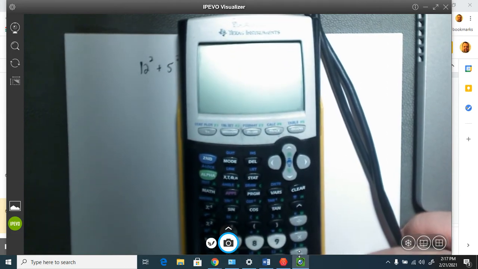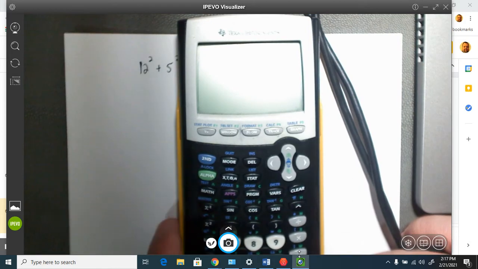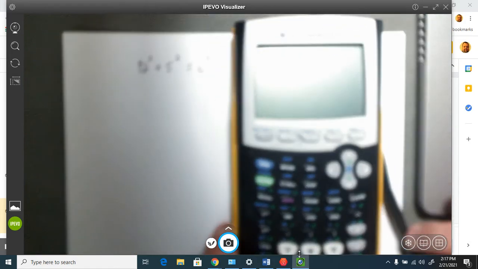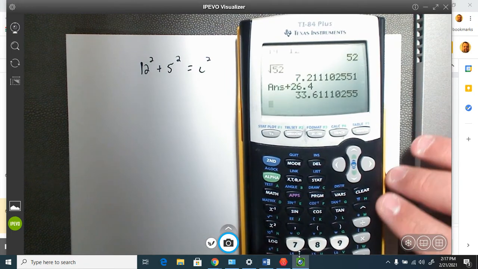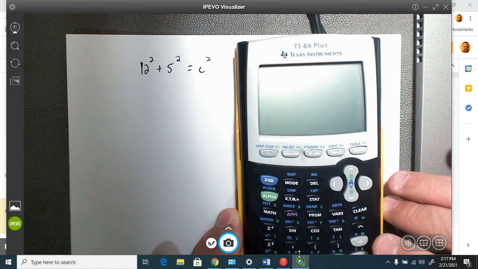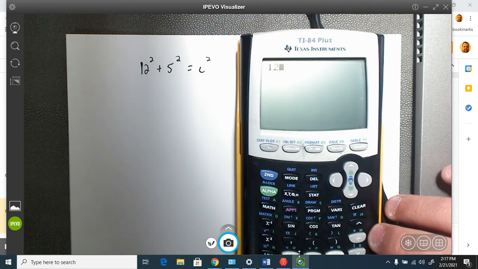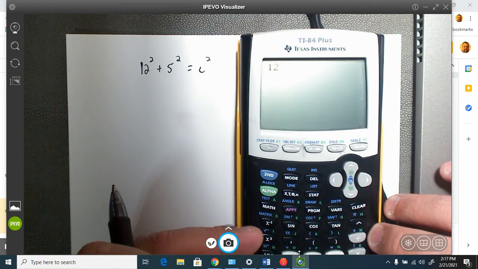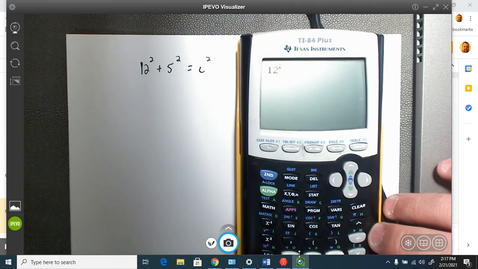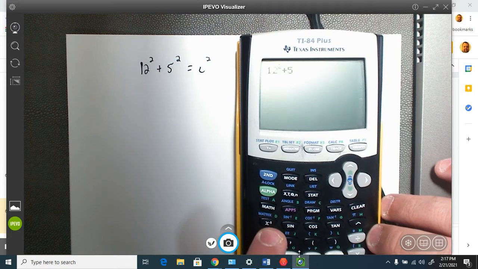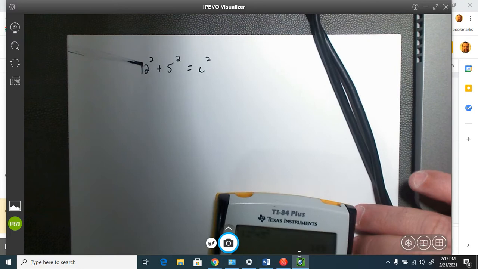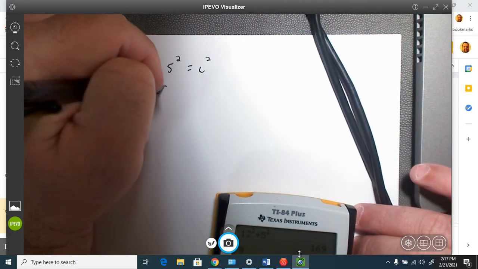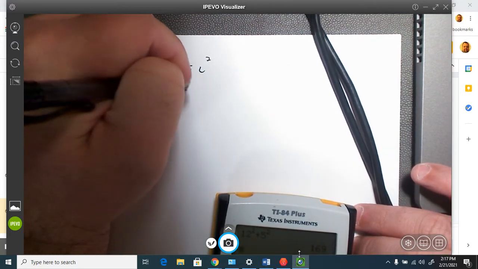Let me refocus. I'm going to take care of this side first. I'm going to say 12, and the squared button is right here. 12 squared plus 5 squared equals 169. So 169 equals c squared.